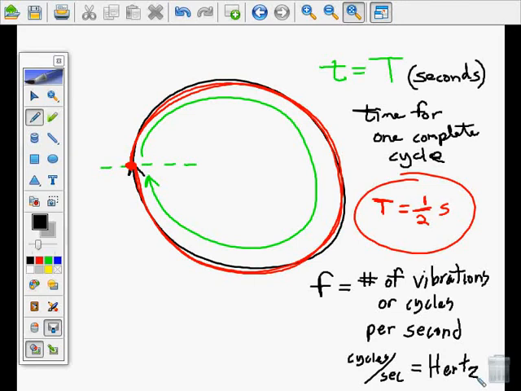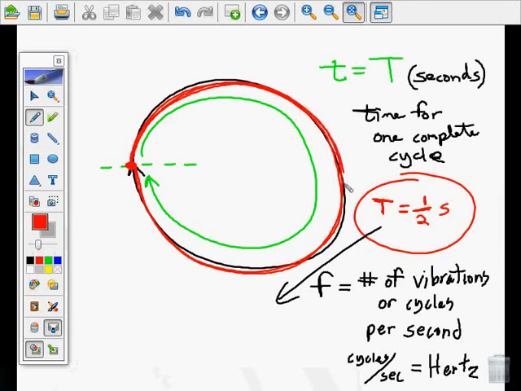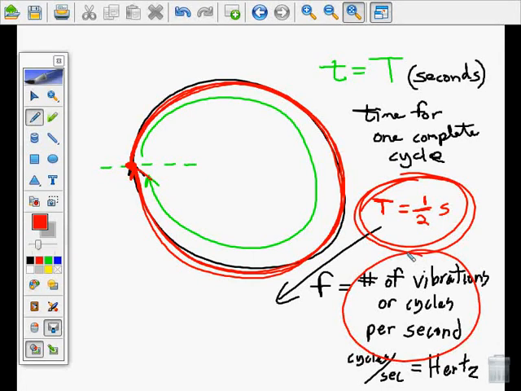So don't shout it out. I want everyone to think about the logic here. If we were studying some motion, this motion right here, and the object goes all the way around in a half a second, then the question is, how many times does it go all the way around in 1 second?